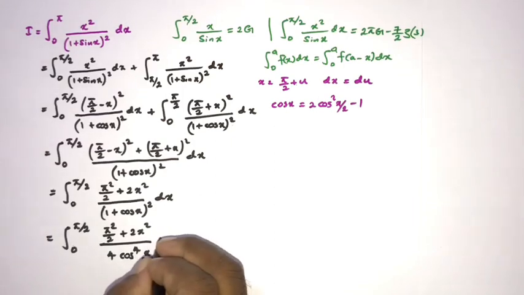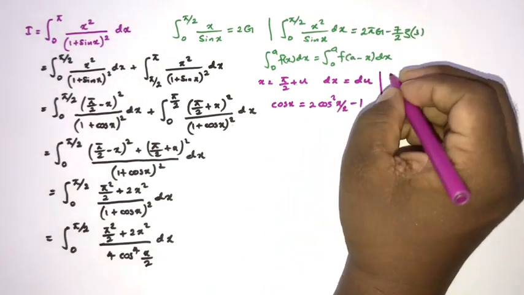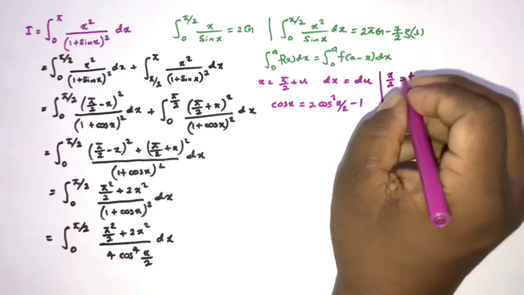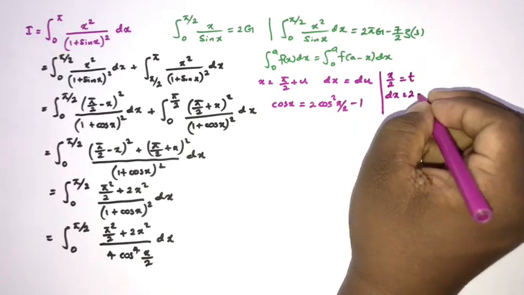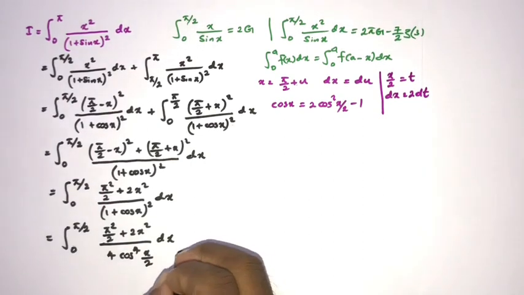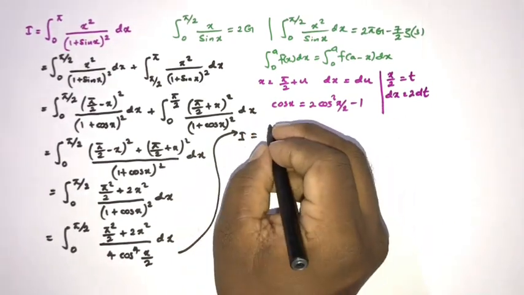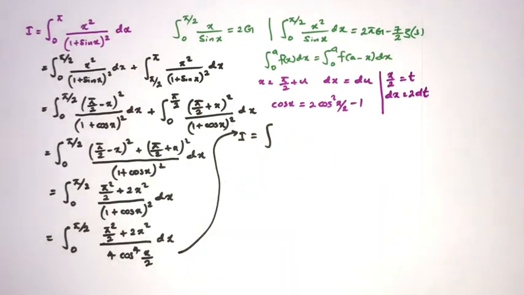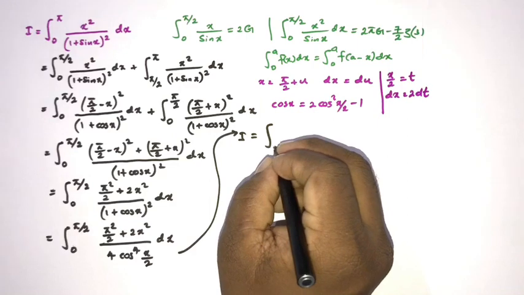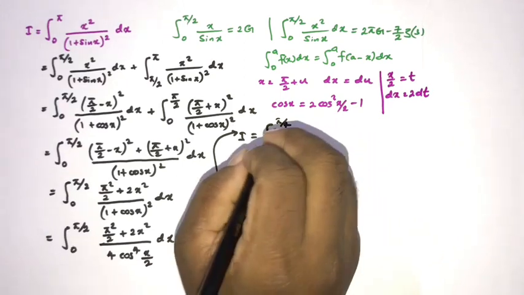x over 2 dx. Here we have x over 2 half angle, so I am going to take another substitution. x over 2 is equal to t, then differentiate, so dx is equal to 2 times dt. Now we can plug in here, so we can write I is equal to, now the limit: when x approaches 0, lower limit t also approaches 0, upper limit when x approaches pi over 2, t approaches pi over 4.